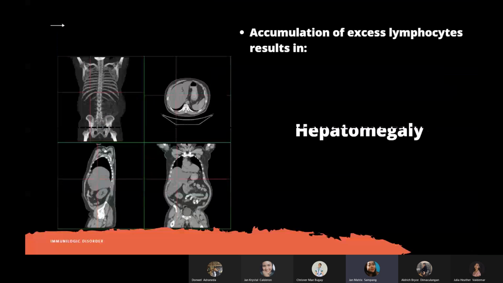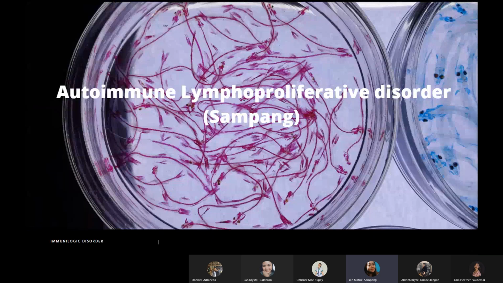And now I'm going to discuss to you the autoimmune lymphoproliferative disorder. Autoimmune lymphoproliferative syndrome, also known as ALPS, can have a variety of patterns of signs and symptoms. Most commonly, lymphoproliferation becomes apparent during childhood.